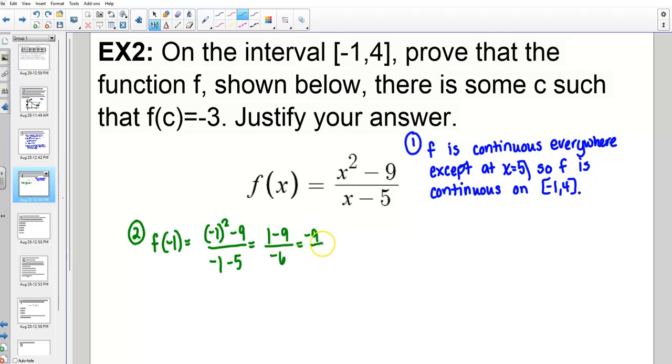So -8 over -6, which is positive 4/3 there. We also need to find f of 4. So that's going to be 4 squared minus 9 over 4 minus 5, which is going to give us 16 minus 9 over -1. Which is 7 over -1, so -7.